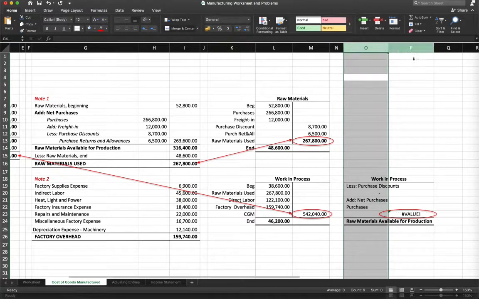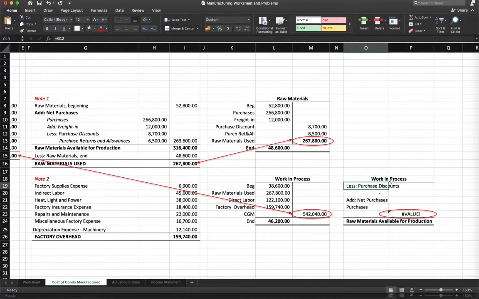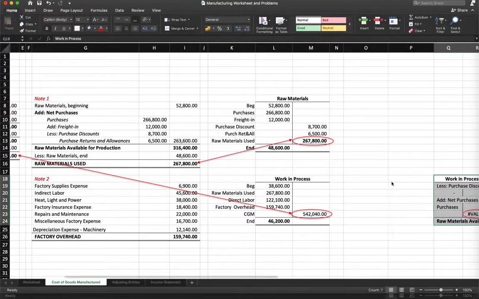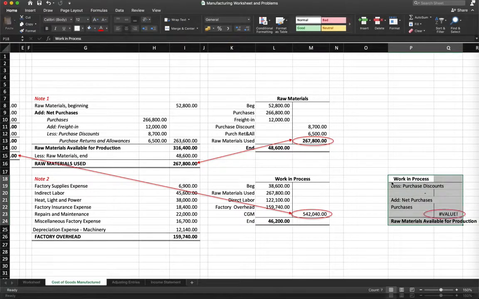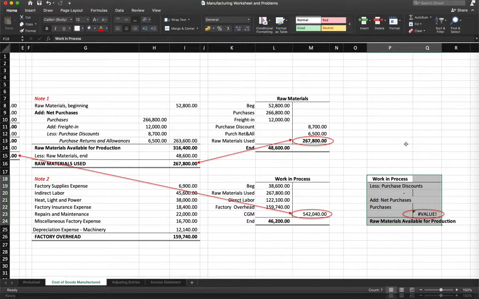Pwede din na work in process, pwede din kasi ganito.